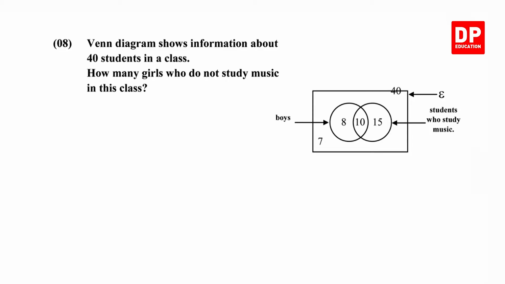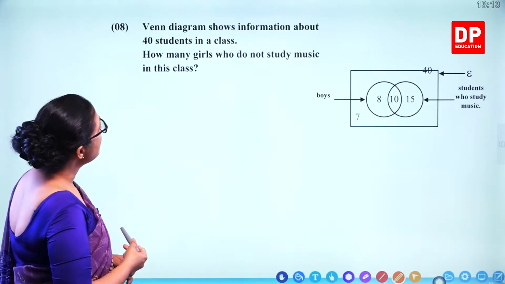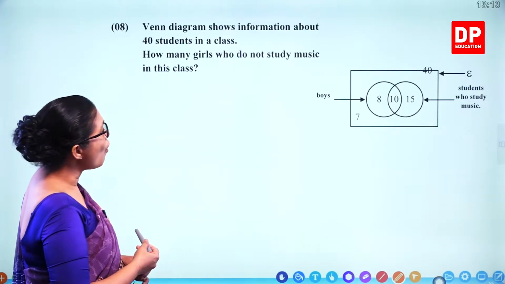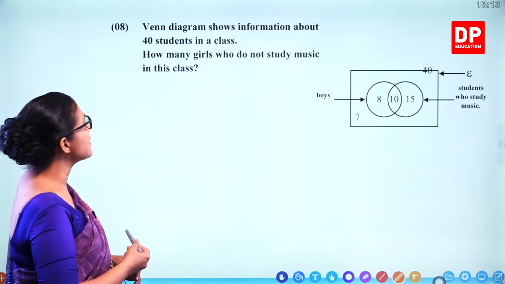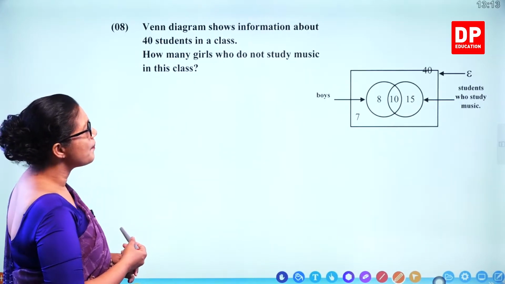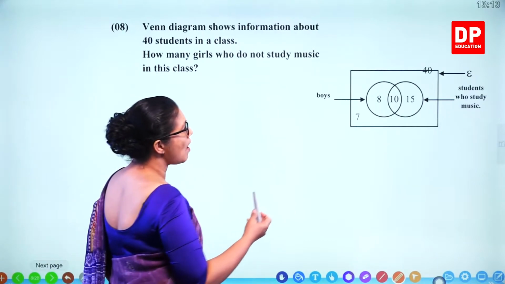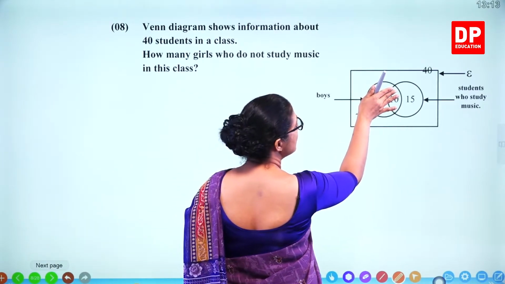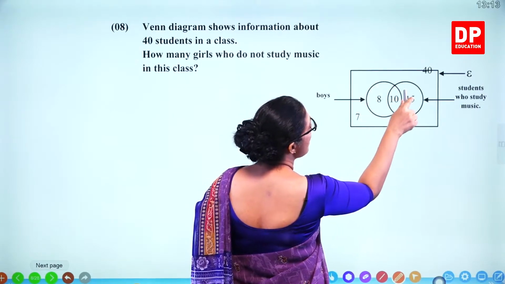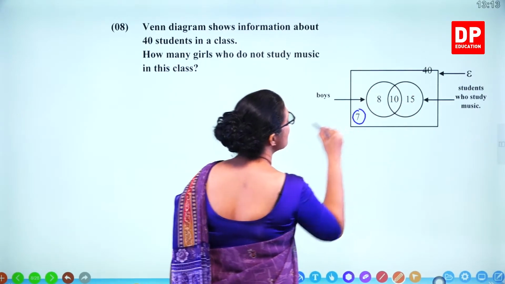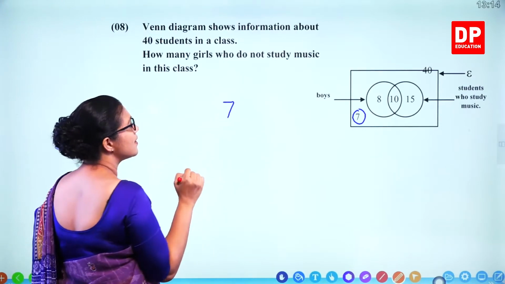Question number 8, Venn diagram. This Venn diagram shows information about 40 students in a class. How many girls do not study music in this class? Girls means outside the boys' circle. And do not study music means outside this circle as well. So that's 7.